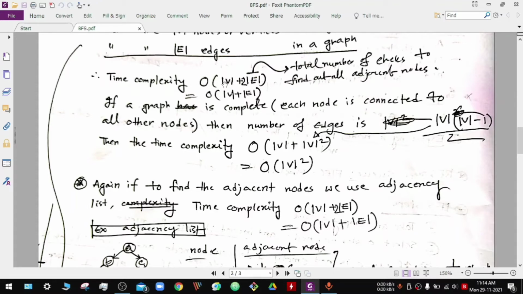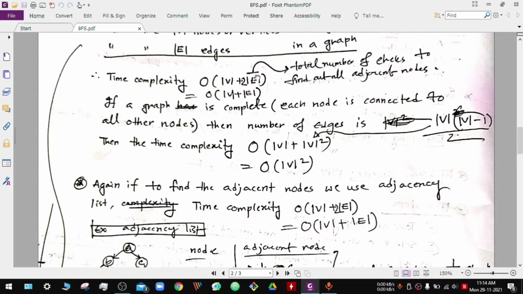So the time complexity becomes O(V plus 2E), which we can write as O(V plus E), because we can ignore the constants. If the graph is complete, then there will be V times (V minus 1) divided by 2 edges in that graph.